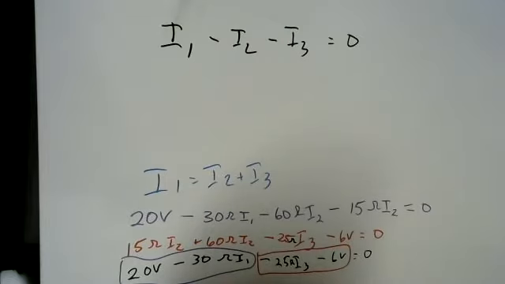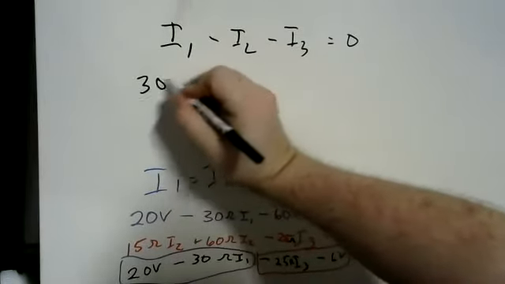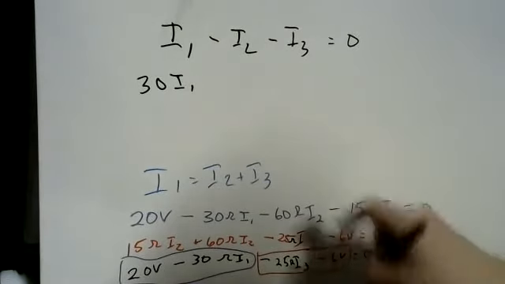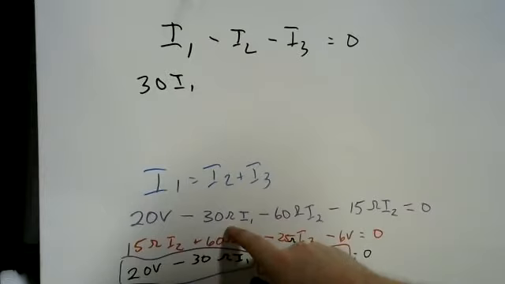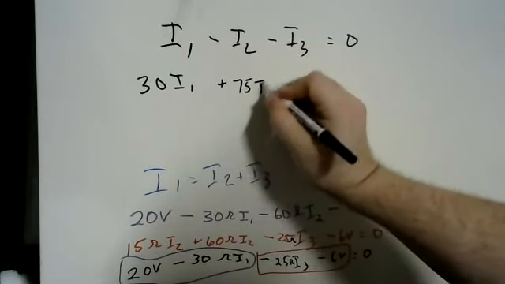We're going to write the purple equation in terms of I1 and I2. So we'll have 30 I1, and then we add these two because they're both I2, and there's a minus sign here. I'm going to hold off the minus sign for a minute. So we'll have plus 75 I2.